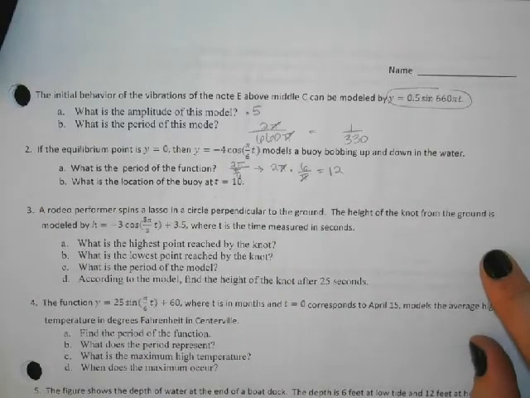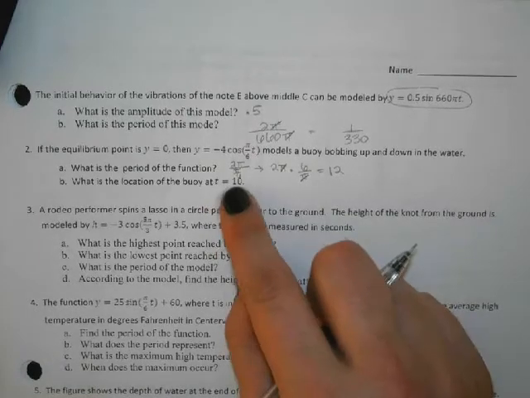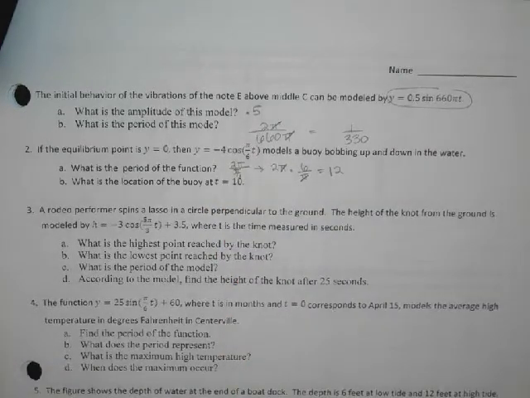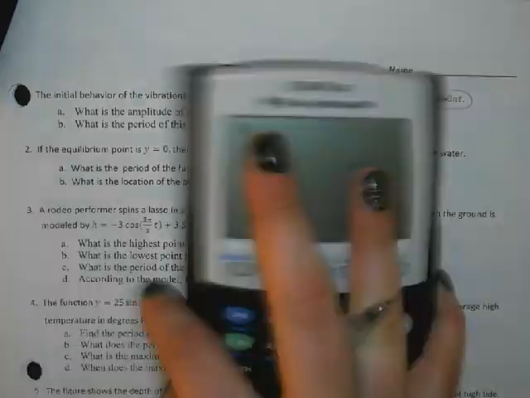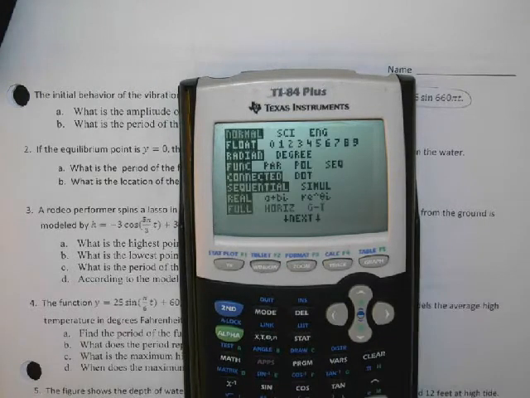Now they want to know the location of the buoy when t equals 10. This is the calculator problem. We are using the cosine button, which means the mode of our calculator has to be correct. What mode should our calculator be in? Radians, because we're typing in a pi over 6.